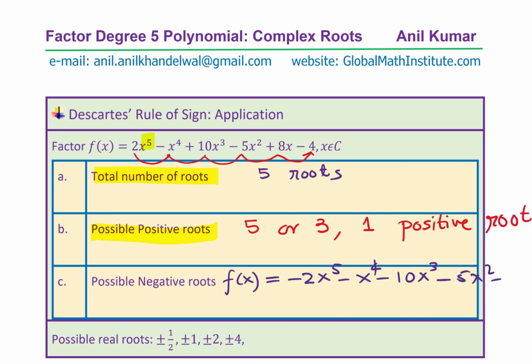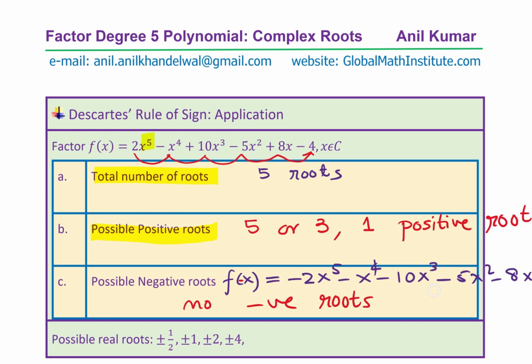The odd degree terms will actually change the sign. So what do you notice in this particular case? Clearly, there are no negative roots, correct? Since we do not have any change in sign for f of minus x. Is that clear to you? That is f of minus x, and if you check the consecutive terms, all are negative. And therefore, there is no change in sign.